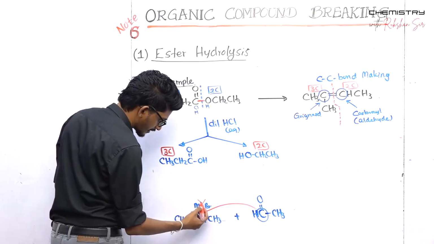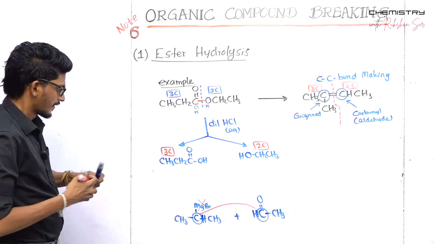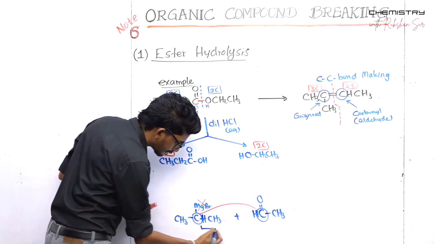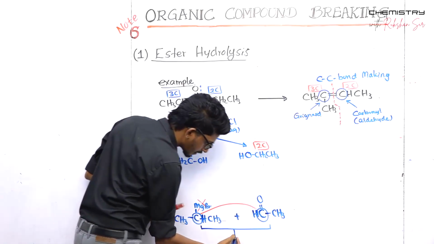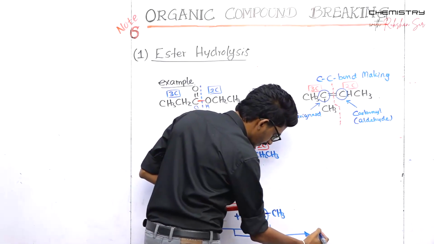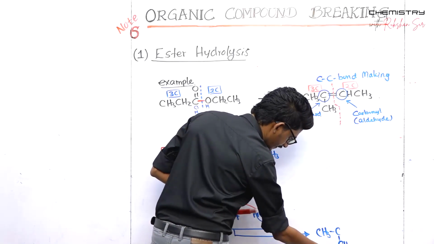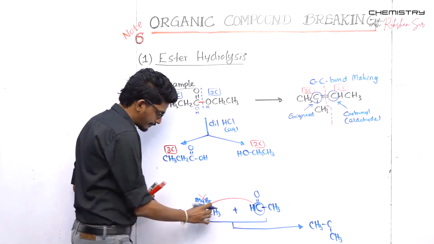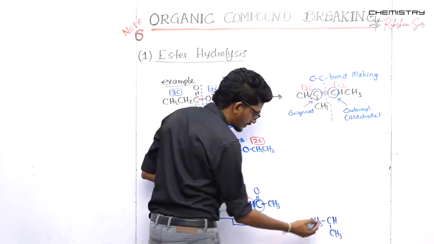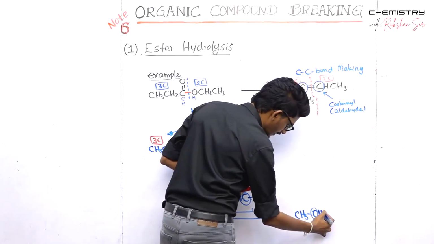leaving the MgBr section, you would get this compound. CH3 is there, and the CH3, and H is there, and to this Grignard carbon, this aldehyde carbon will connect.